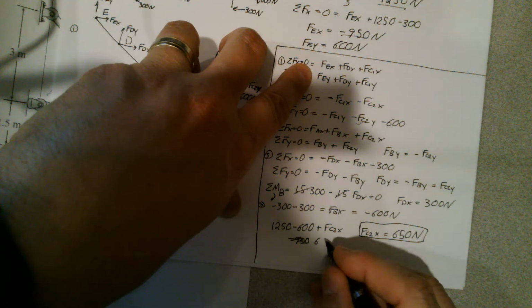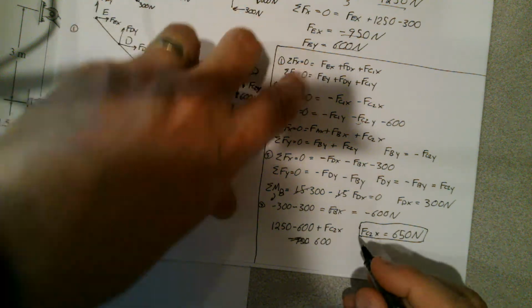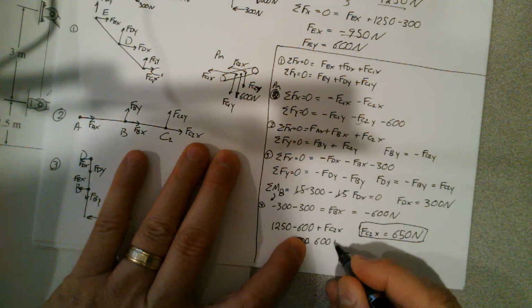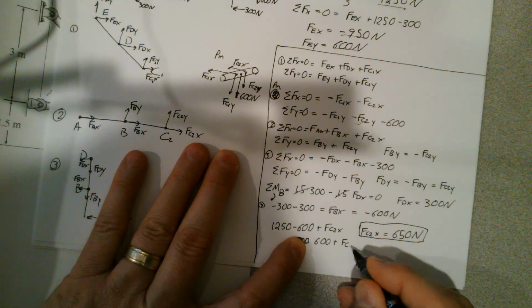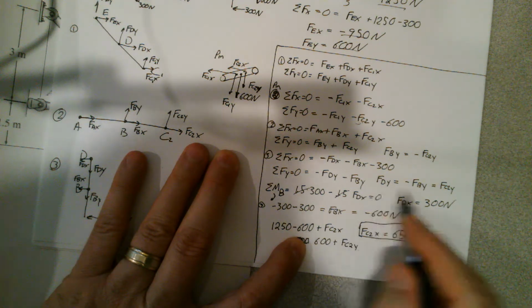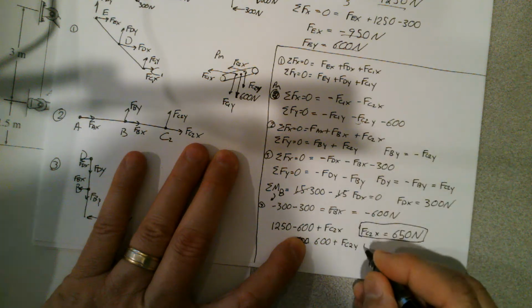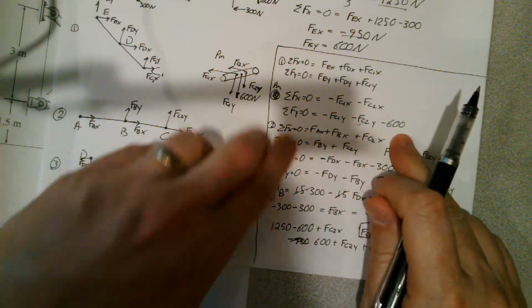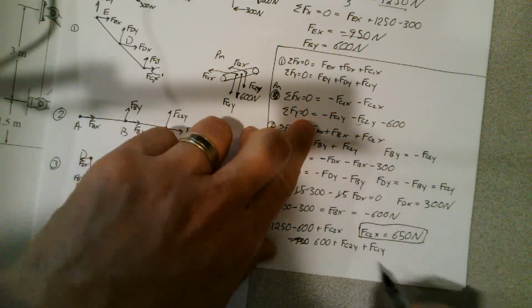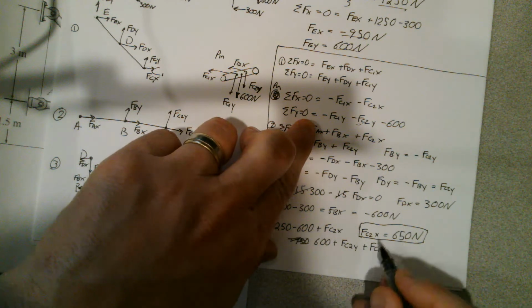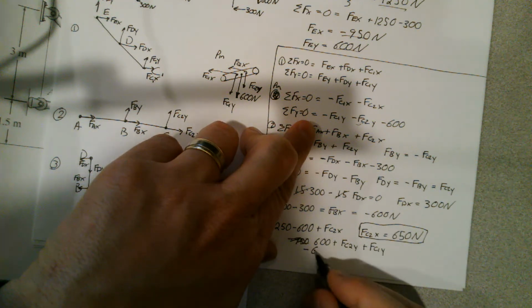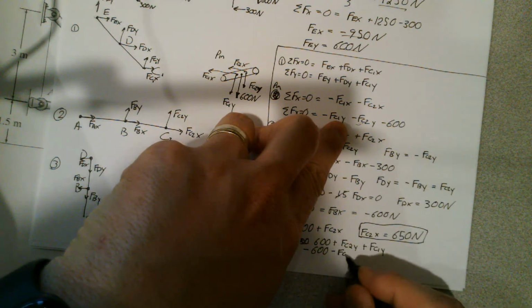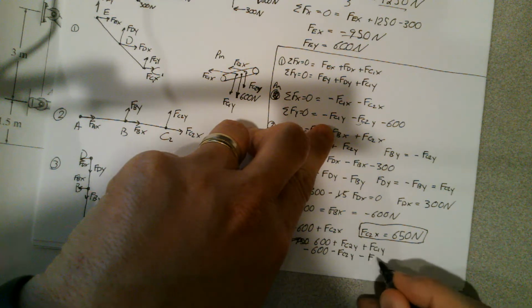Sorry about that. I make mistakes during it. FDY, which happens to be that, so plus FC2Y, because we have that is equal to that, plus FC1Y. And then we have this second equation here from our pin that has C2 and C1y in it, so we'll just write it underneath it, aligning the terms. So the 600 minus FC2Y minus FC1Y.